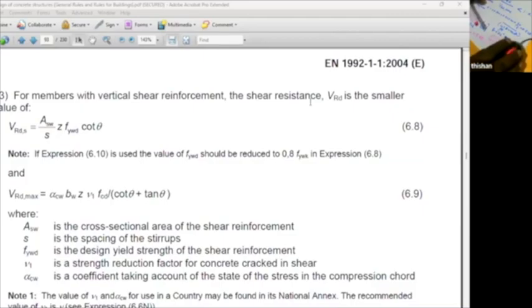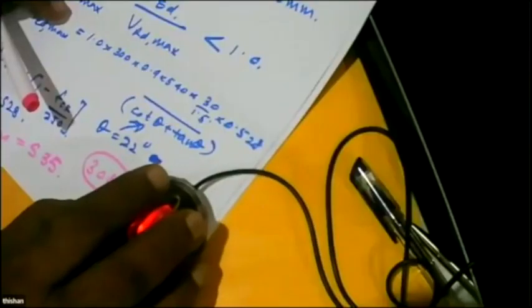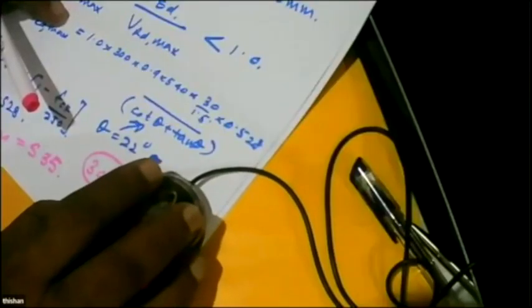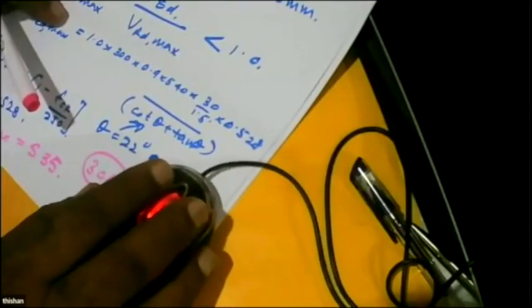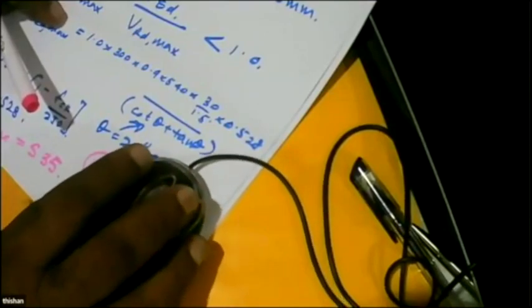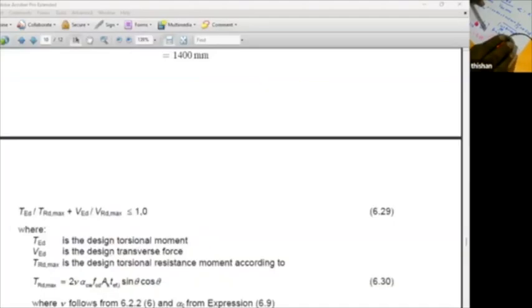So we look at the note. So we know VED, we do know VRD max. So VED is less than VRD max. So what is the angle then? Angle is 22.